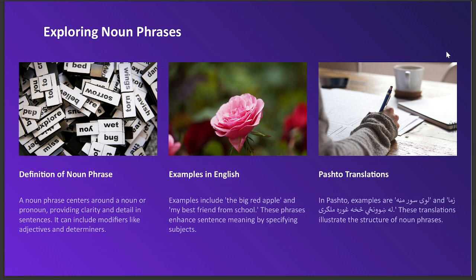Some people in different areas use the word seb for apple. Similarly, for the second example, we can say "Zmalo shovense zaha gore malgarina." For "the best friend," we use the word "Gore malgari" in Pashto. So different sentences can be made and translated into Pashto.